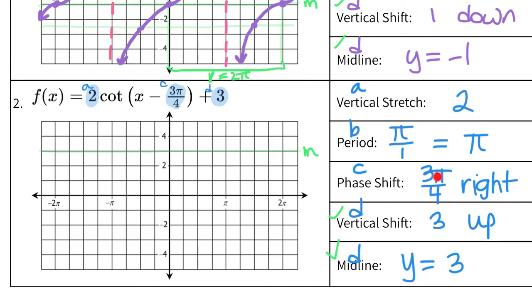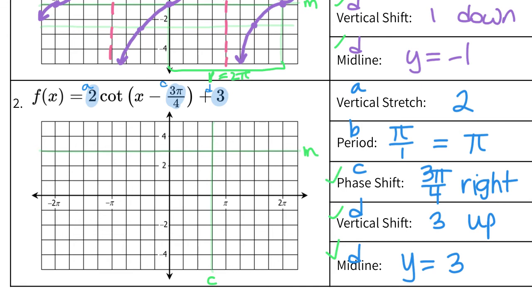Don't let the pi part confuse you. It is still a fraction, still 3 over 4. So if pi takes 4 squares, 3/4 would be 3 squares. I'm going to label that as just C.